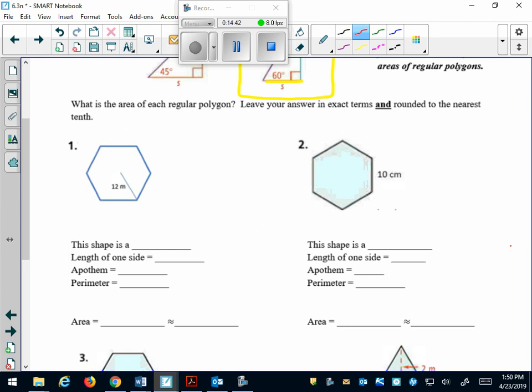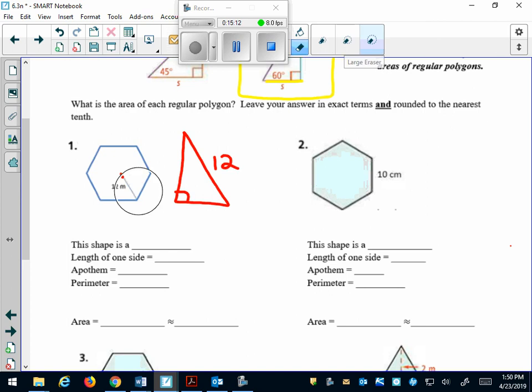All right, so I'm going to take this triangle, and I'm going to redraw it here. Now, be careful with this one, because before I drew this, what is 12 meters the length of? The radius, right? So it's right here. Maybe I'll draw my triangle like this so we don't get it confused. Okay, so 12 is the radius. I'll put it here so that it's facing the right way.